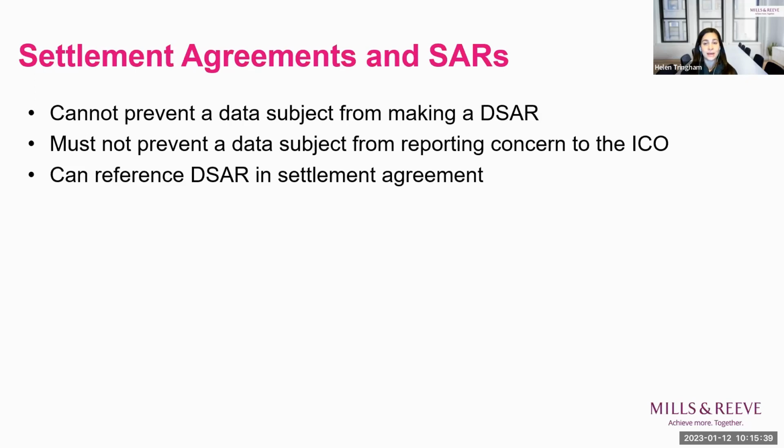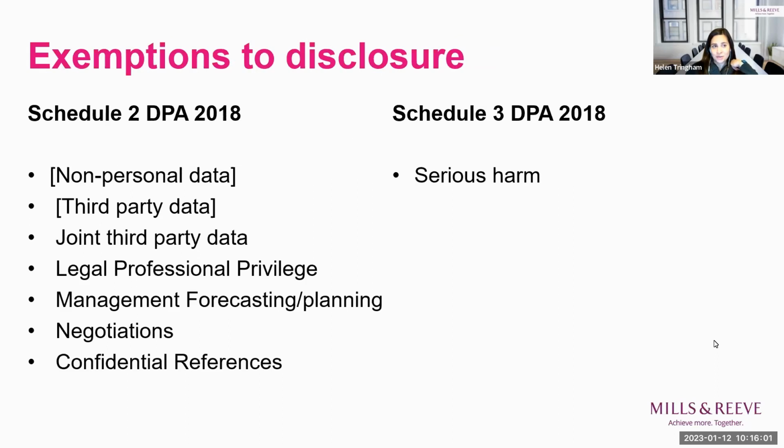Then if a complaint is made to the ICO, you have a clear paper trail as to why the DSAR was not completed. A further consequence is that you can't stop a data subject making a subject access request the very next day after the settlement agreement has been entered into. So on that cheery note, I was proposing to hand over to Claire, unless there's any immediate questions.